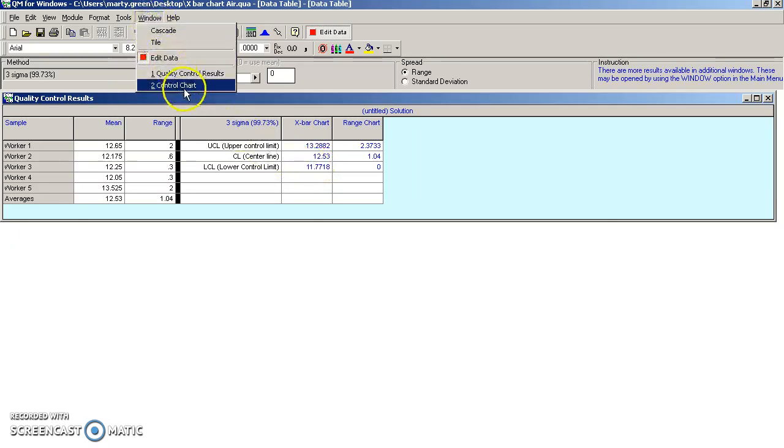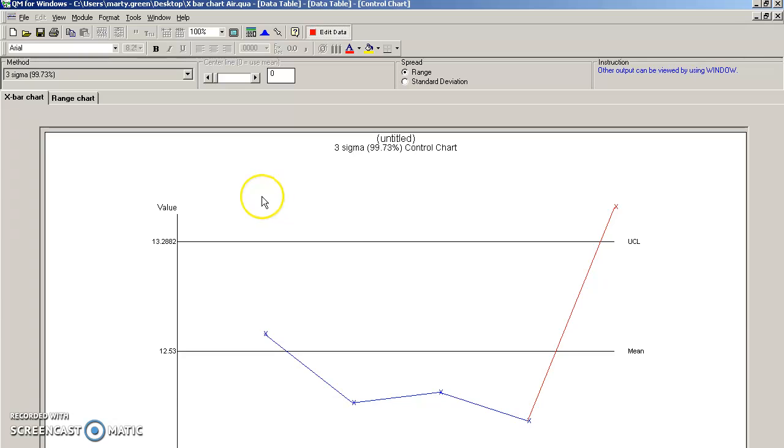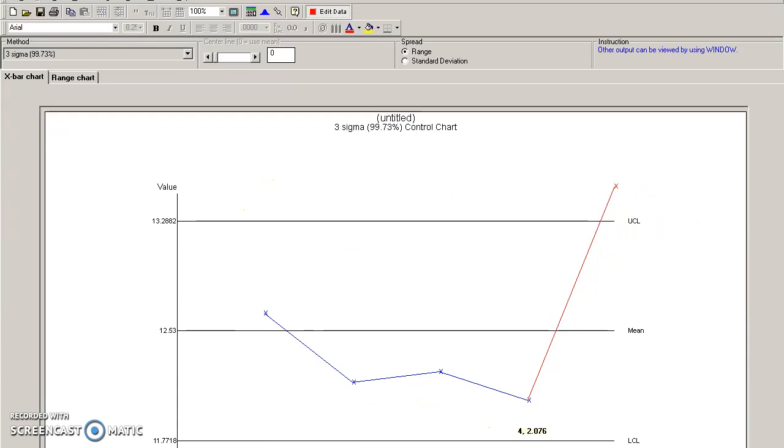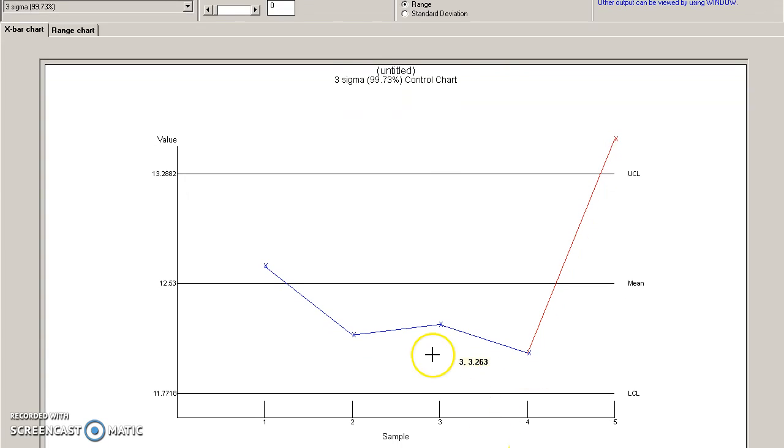Simply click on Window, go to Control Chart, and it will run that control chart for you. Let me bring this down a tiny bit so you can see. We've got our samples right here, our 5 workers. We've got our control chart with our upper control limit of 3.28, center line of 12.53, and our lower control limit of 11.77.